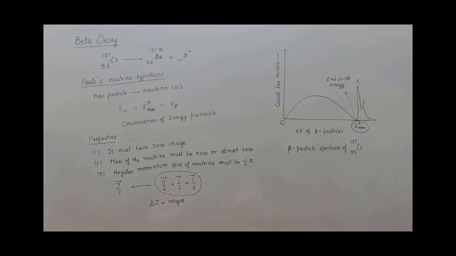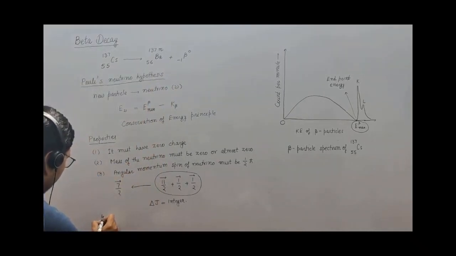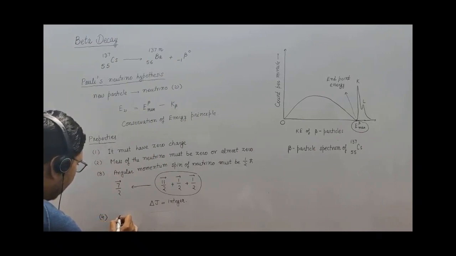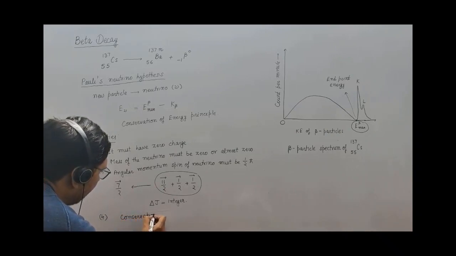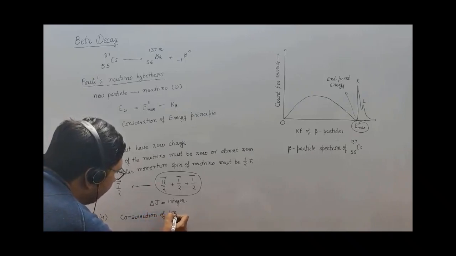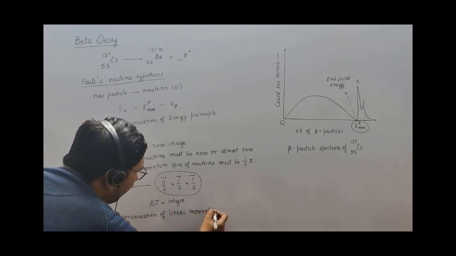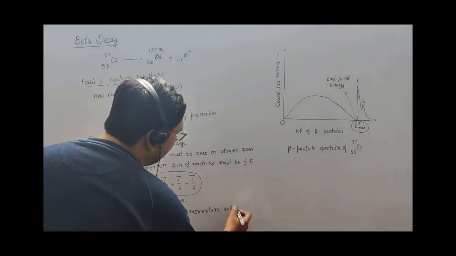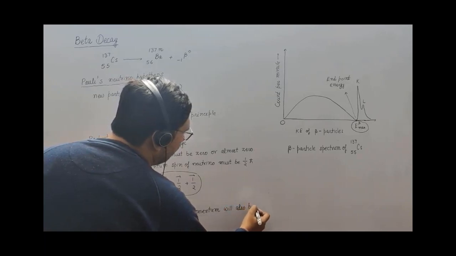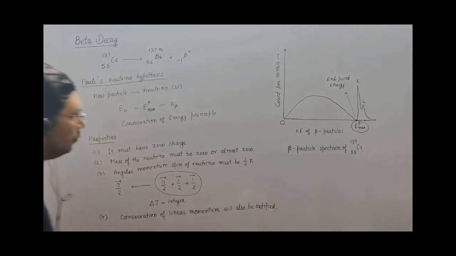Apart from this, the presence of this neutrino will also satisfy the conservation of linear momentum. Why?